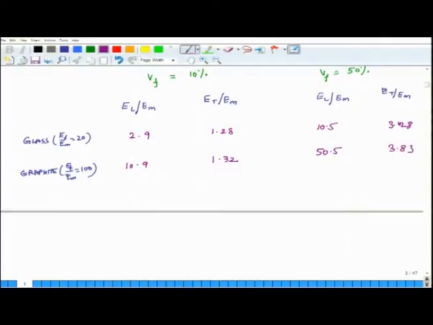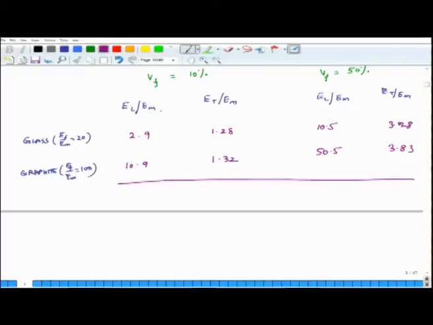So, what do we make of this table? When we look at it, we observe several important things. The first observation is that if the volume fraction is kept constant, and I increase my fiber modulus significantly, the longitudinal modulus also goes up, but not much happens to the transverse modulus.